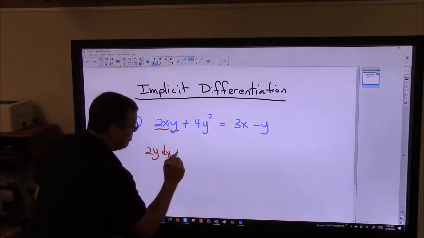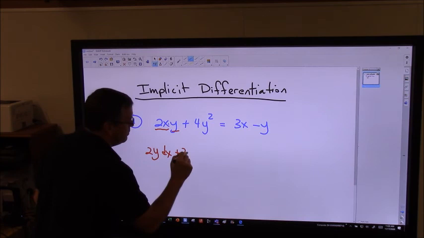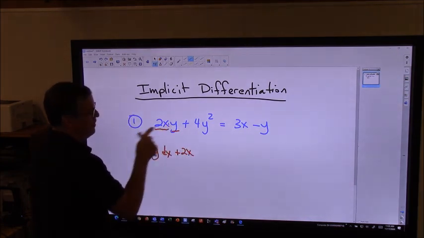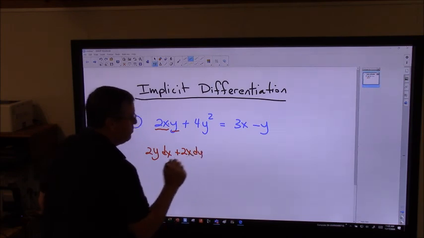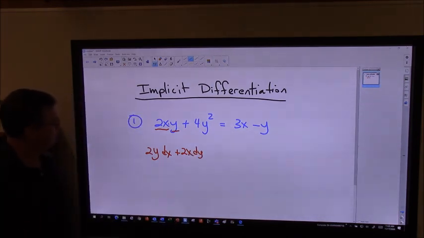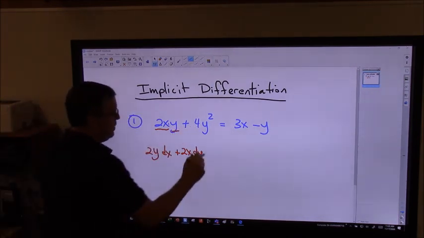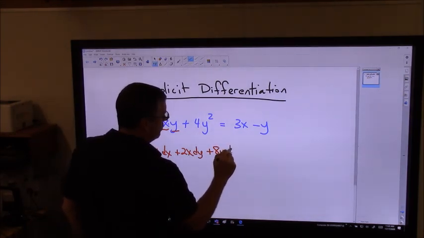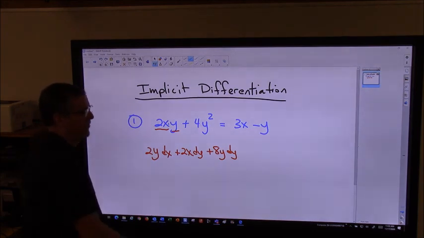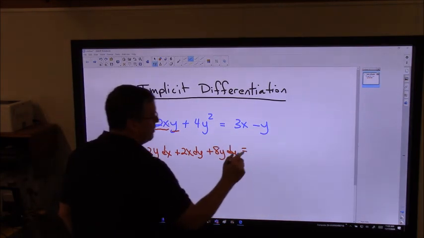Okay? And then plus, leave the first piece the way it is, and take the derivative of the y variable, which that derivative would be 1, and I just took the derivative of y. Derivative of that would be 8y, and I just took the derivative of a y variable, and that should equal 3.